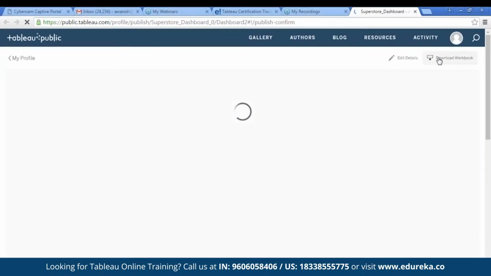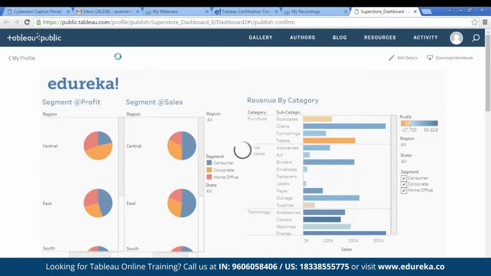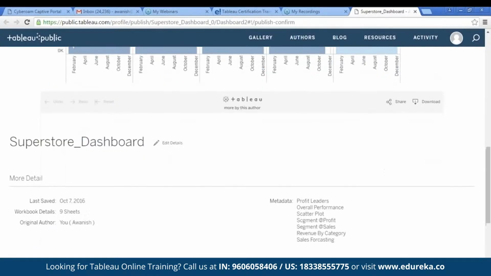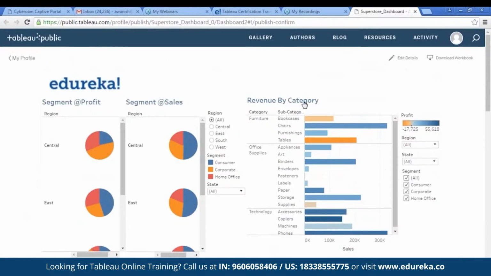Later on you can download it also, and then import it in your Tableau. You will get multiple other dashboards also, from all the people who have saved their dashboards on Tableau Public, right? So my dashboard is here. I can put some more information about my dashboard also here. So that is the last step, guys.